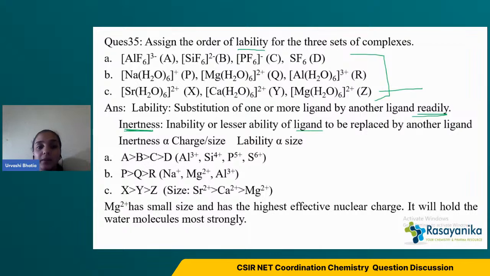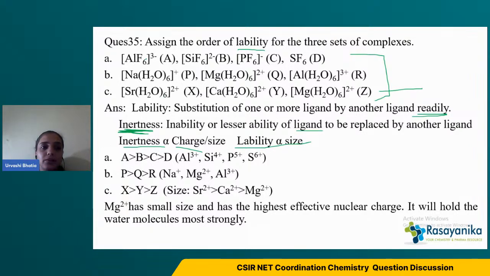And D9 complexes having Jahn-Teller distortion, and D4 high spin complexes, they are labile, right? D9 and D4 also, because they have electron in the Eg. They are labile. Okay, so inertness is directly proportional to charge by size, and lability is directly proportional to size.